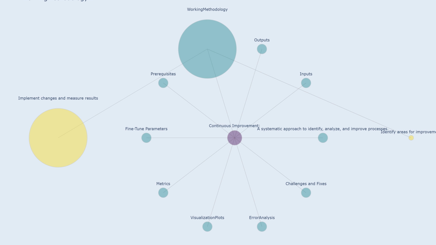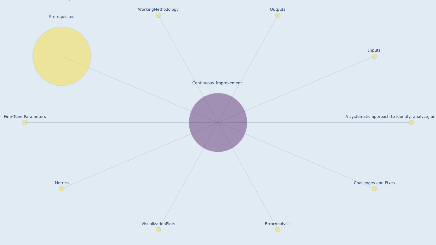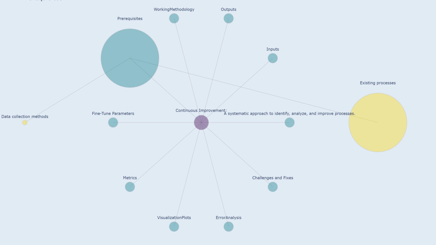further optimization. Prerequisites: existing processes: the organization must have defined and documented processes in place. This provides a baseline for analysis, improvement, and measurement. Having well-defined processes allows for clear understanding of current practices and identification of areas for optimization.